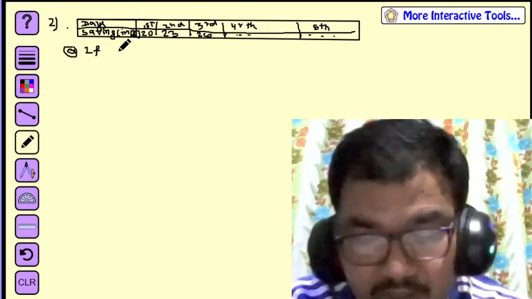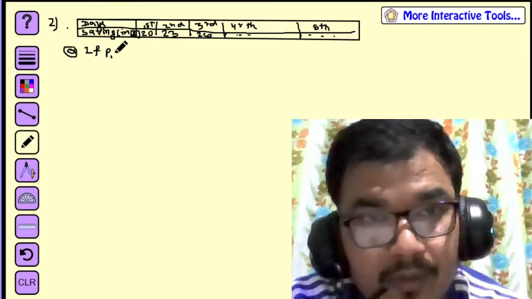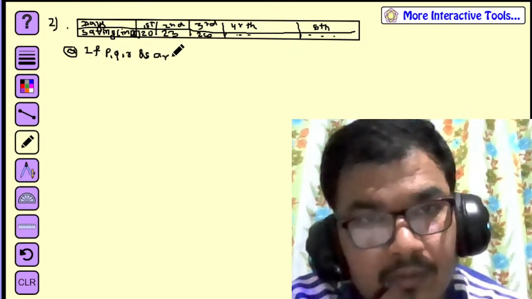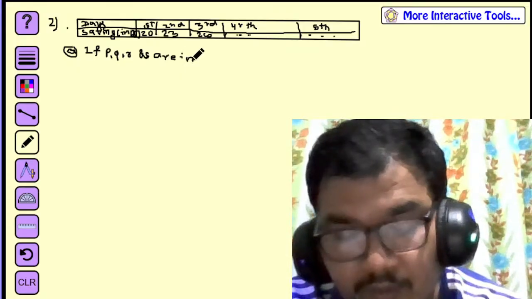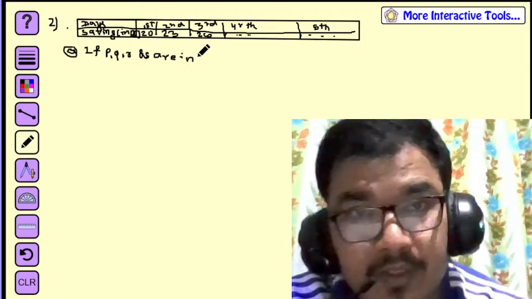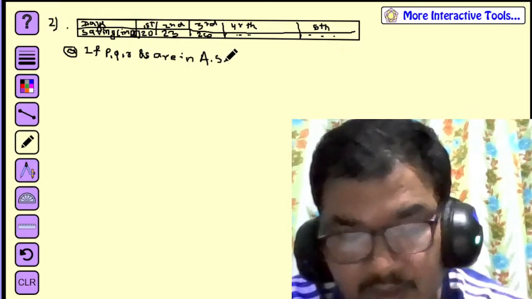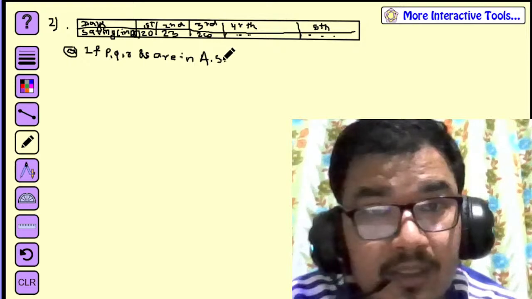The first question asks: if P, Q, R and S are in arithmetic sequence, what is the arithmetic mean between Q and S?